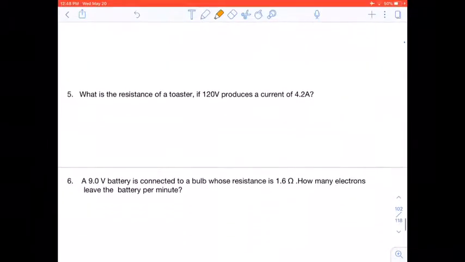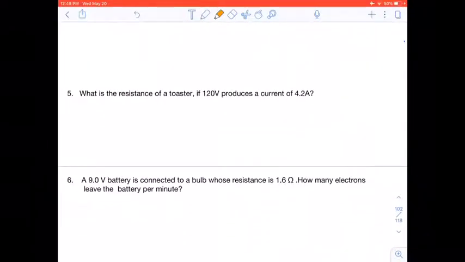Right, now if we look at the next one, what is the resistance of a toaster if 120 volts produces a current of 4.2 amps? Okay, so what is the resistance? R is equal to V upon I, right?